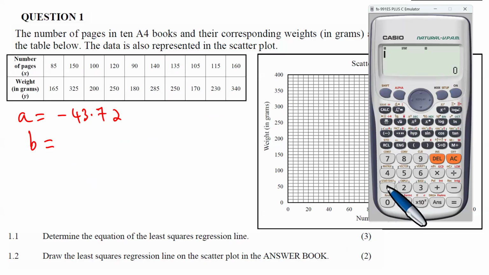Shift 1 for stat. There's stat on top there. We're dealing with regression analysis, so 5 is the regression. We're looking for B, number 2.